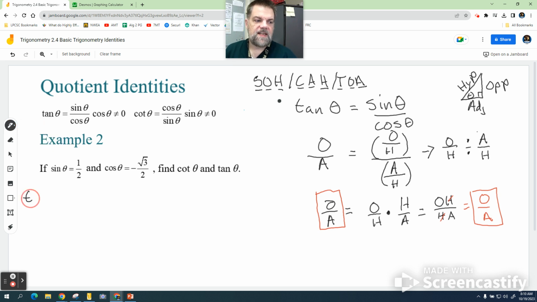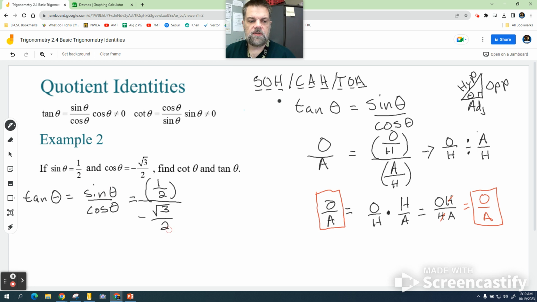If I say that tangent of theta is equal to sine of theta over cosine of theta, I get 1/2 as a fraction over negative root 3 over 2 as a fraction, which is the same as 1/2 times the reciprocal, negative 2 over root 3.